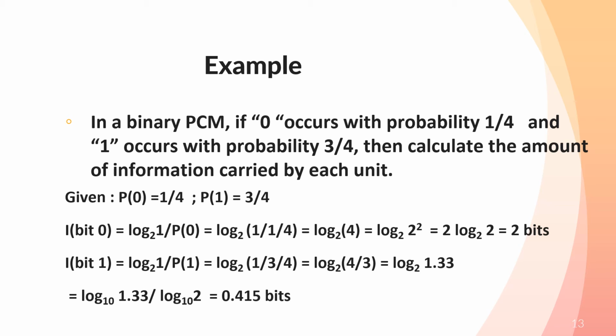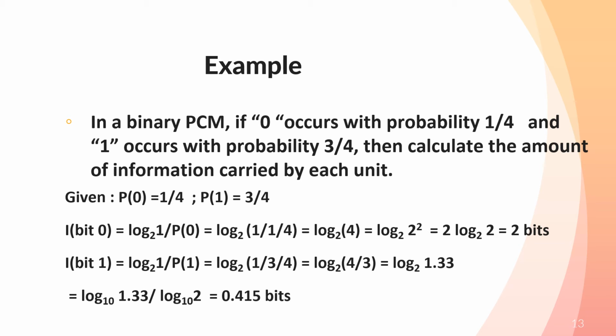Now again, in order to understand the importance of probability with information theory, let us consider an example. In a binary PCM, if 0 occurs with probability 1/4 and 1 occurs with probability 3/4, calculate the amount of information carried by each unit. We can apply the formula.